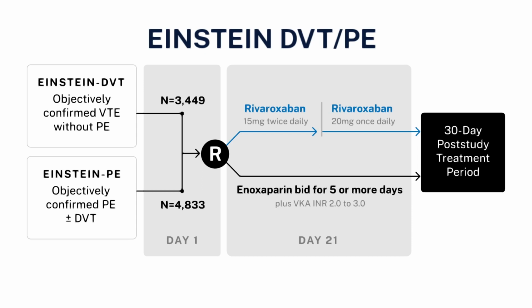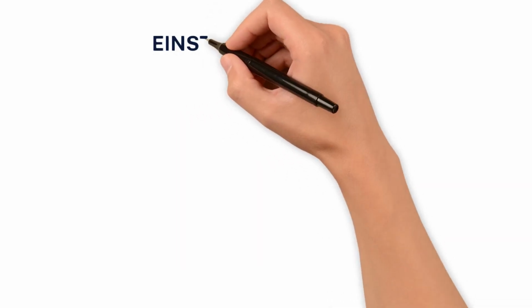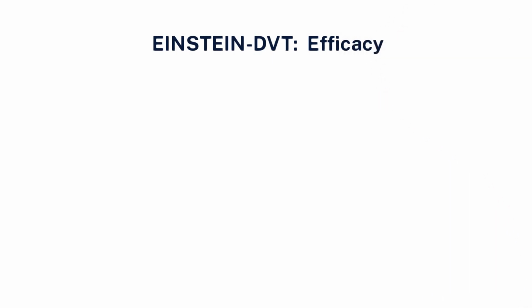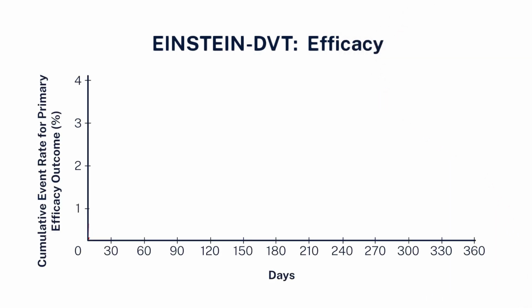So let's look at some of those outcomes. In the Einstein DVT study, here we're going to look at the efficacy outcome. So remember, this is VTE recurrence. And what you'll see here plotted in this graph on the x-axis is the number of days patients were enrolled and followed. This goes up to 1 year. And on the y-axis, we're looking at the cumulative incidence of the primary adverse event. That's the VTE recurrence.